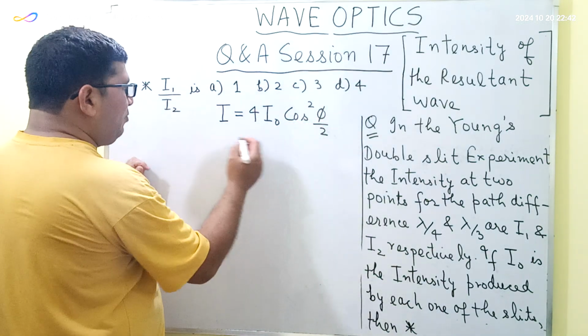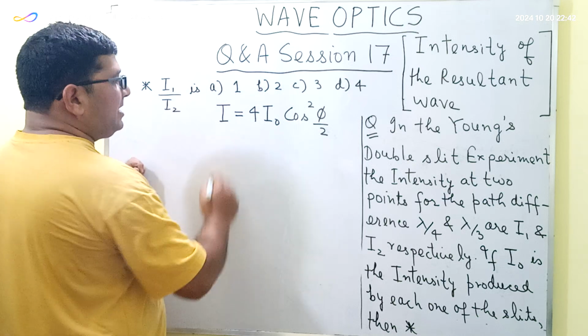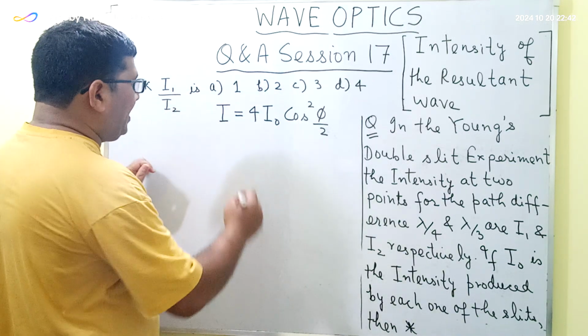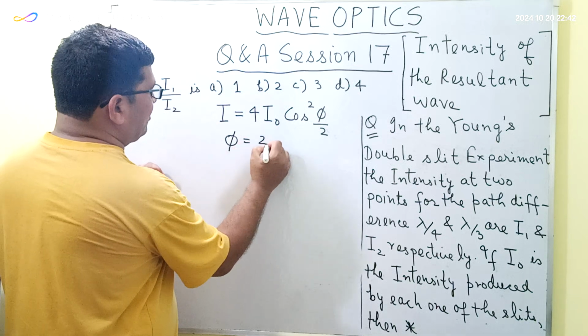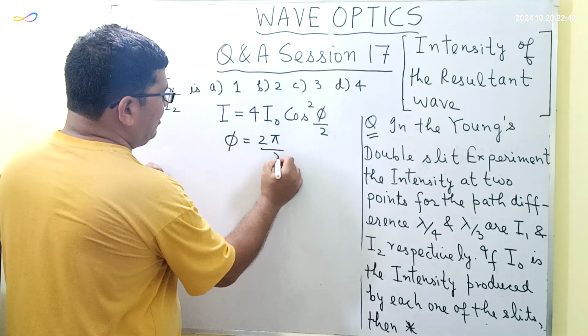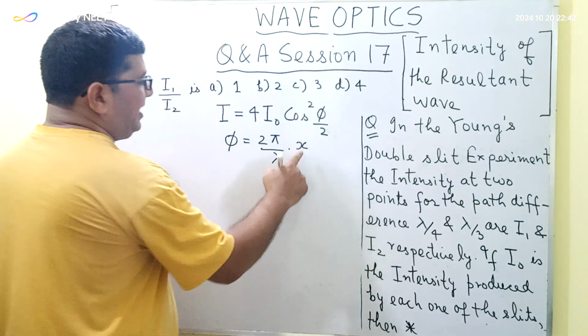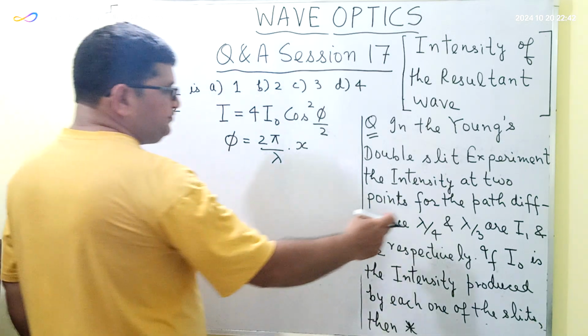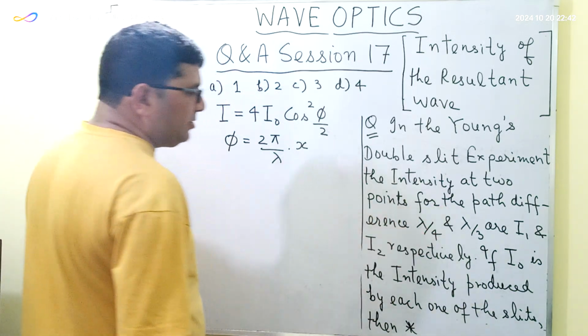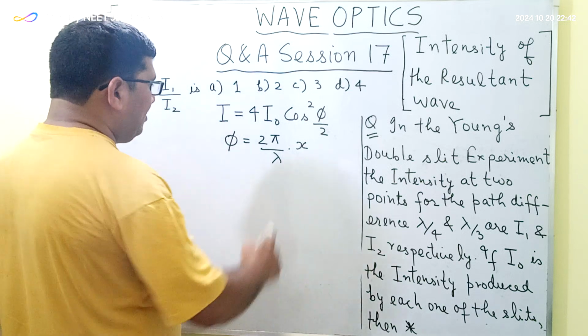And there is one more formula which relates the phase difference with the path difference. So, phase difference phi is also equal to 2 pi upon lambda into x, where x is the path difference. So, in the first case, the path difference is equal to lambda by 4.